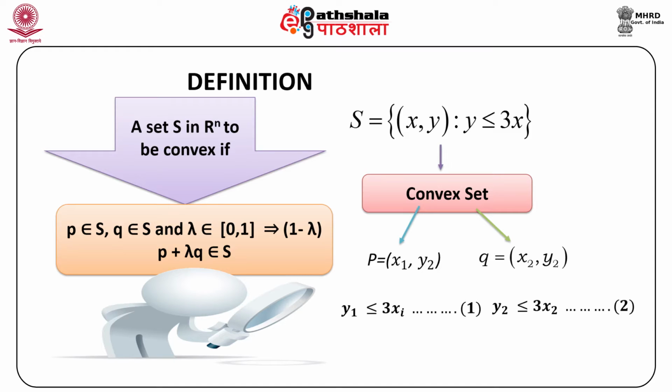Let P equal to (x1, y1) and Q equal to (x2, y2) be two points belonging to the given set. Then y1 is less than or equal to 3x1 and y2 is less than or equal to 3x2.